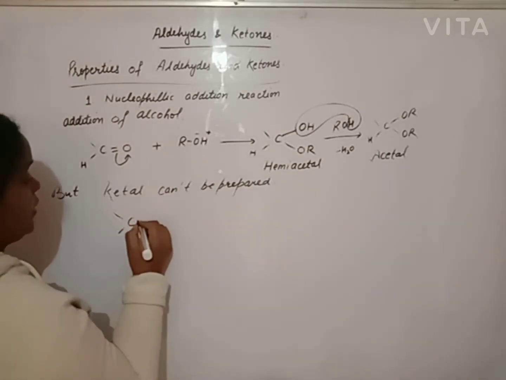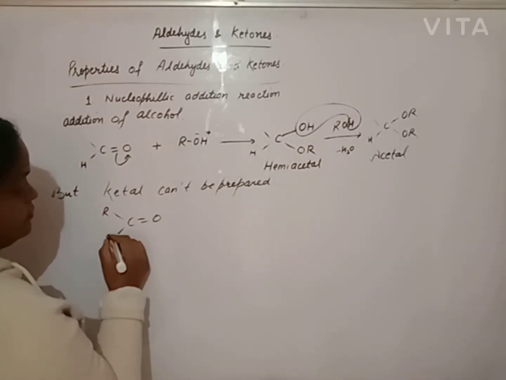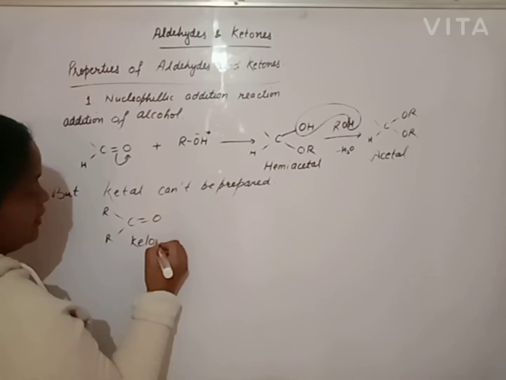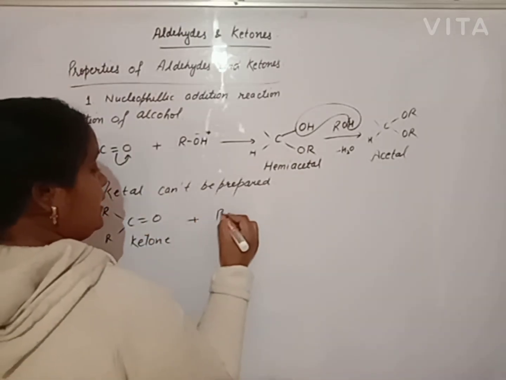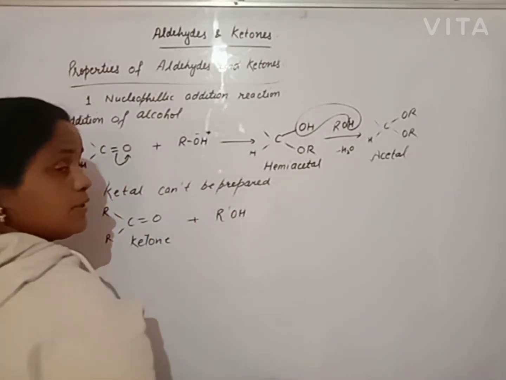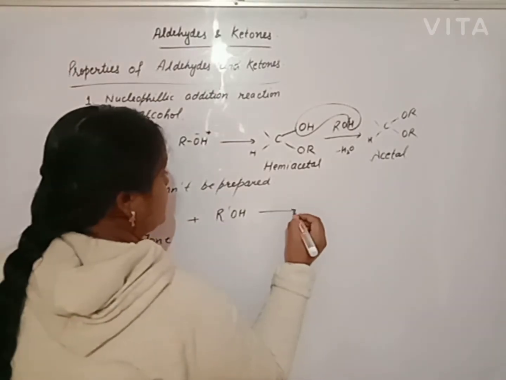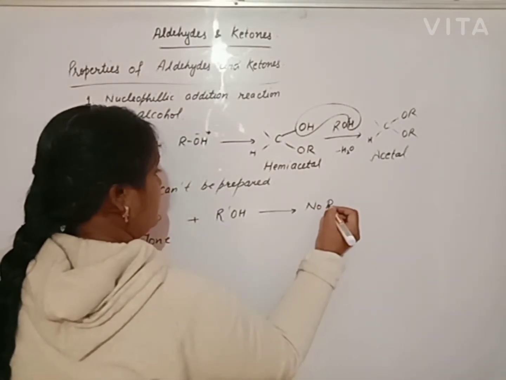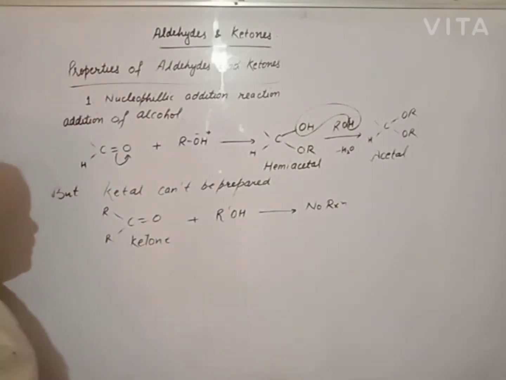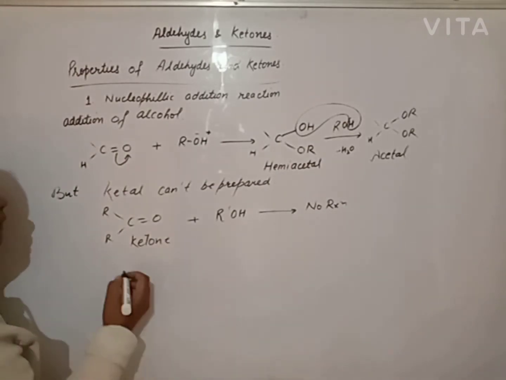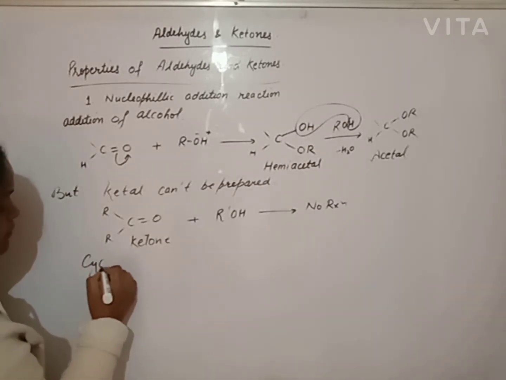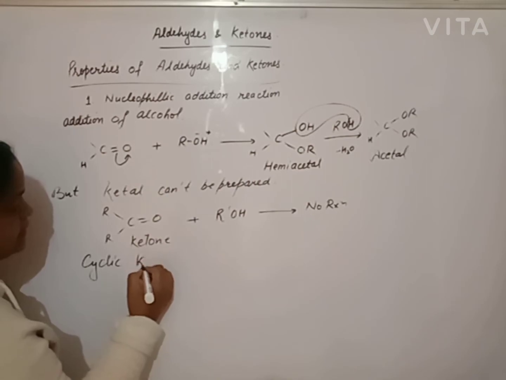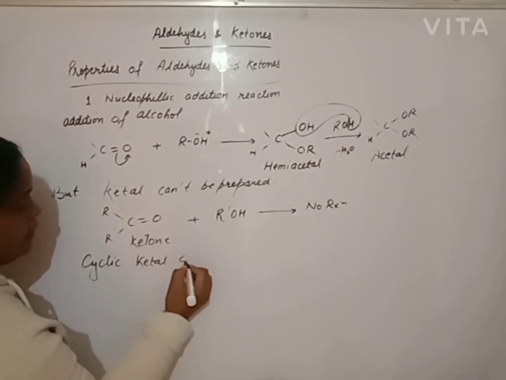If we have a ketone and it comes in contact with a monohydric alcohol, a simple alcohol, the answer is no reaction. But cyclic ketals can be prepared. Only cyclic ketals can be formed.